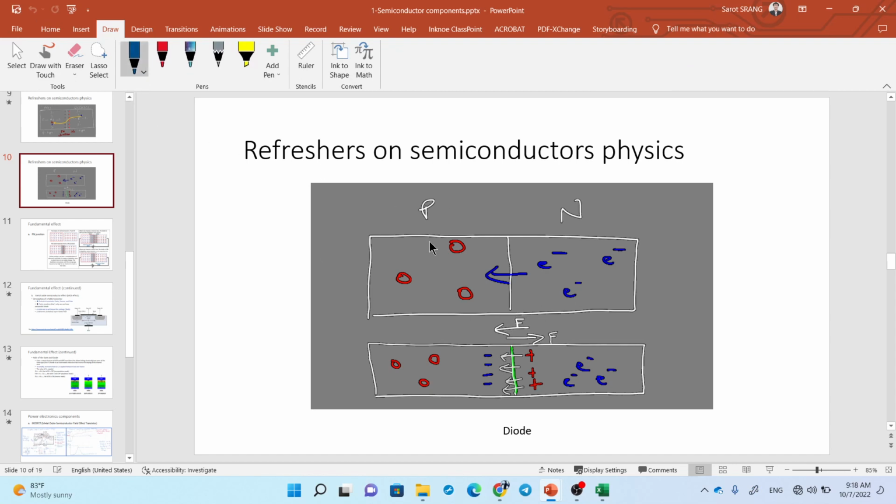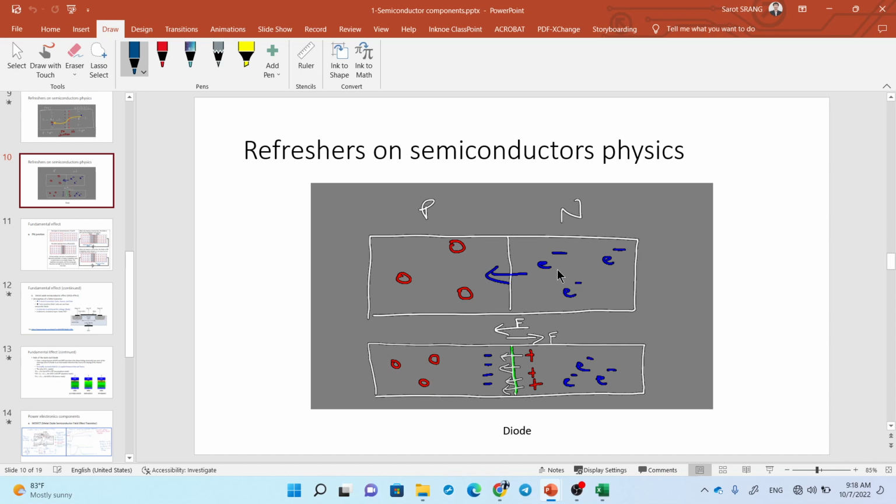Okay, let's say you have two semiconductors, p-type and n-type, and you join them together. Initially, the net charge of this one is 0, and this one also 0.